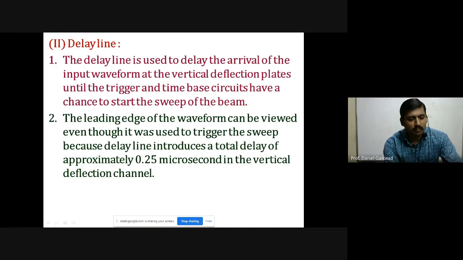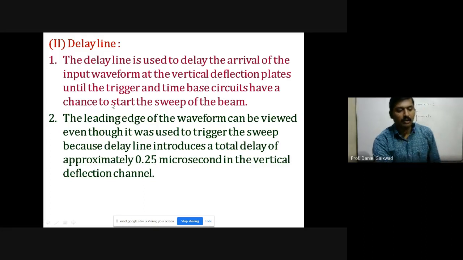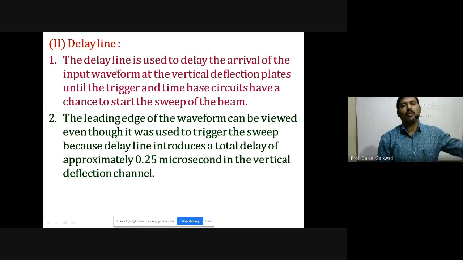Now we have the delay line. The delay line is used to delay the arrival of the input waveform at the vertical deflection plates until the trigger and time-base circuit have a chance to sweep the beam. Now check carefully, one of the important parts: we have the vertical Y input. When input is coming towards the deflection system, at the same time the X deflection system should reach that point.